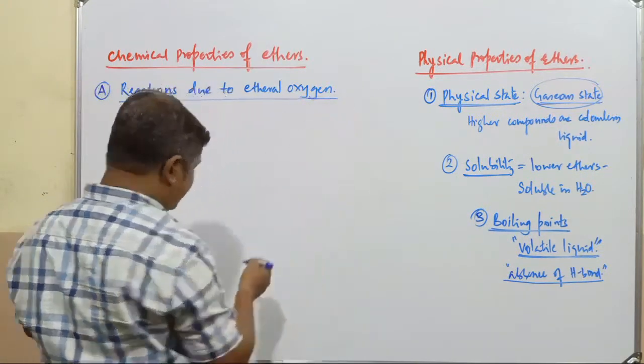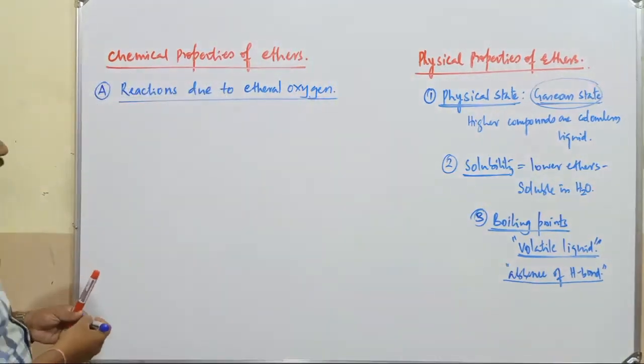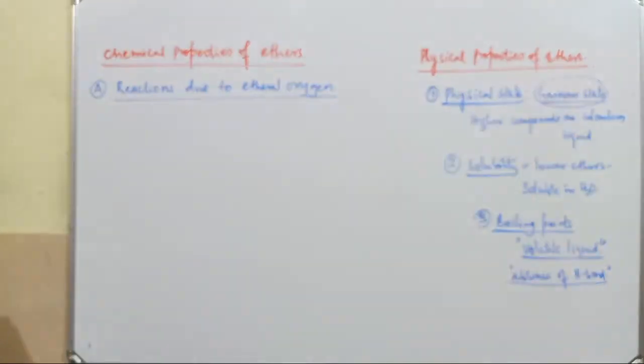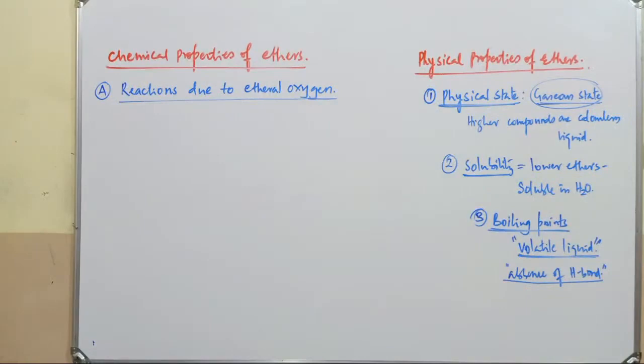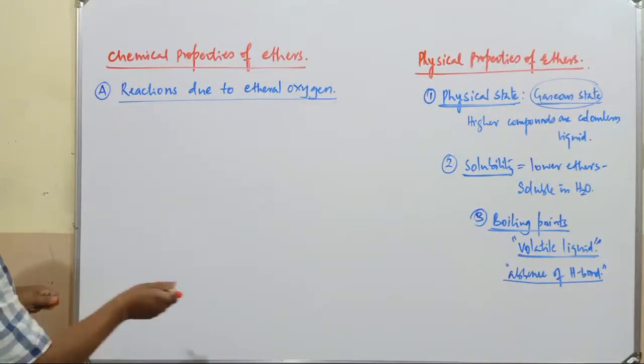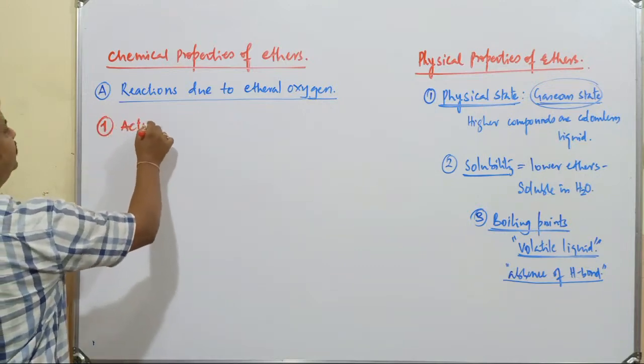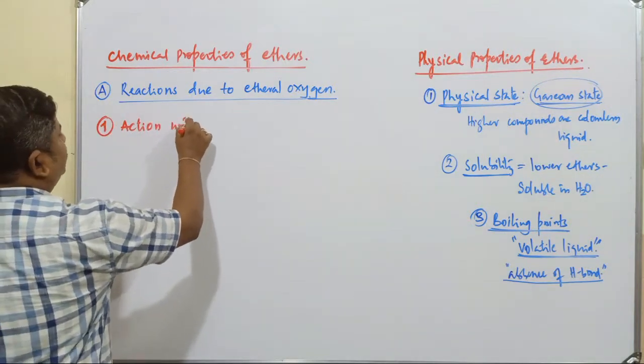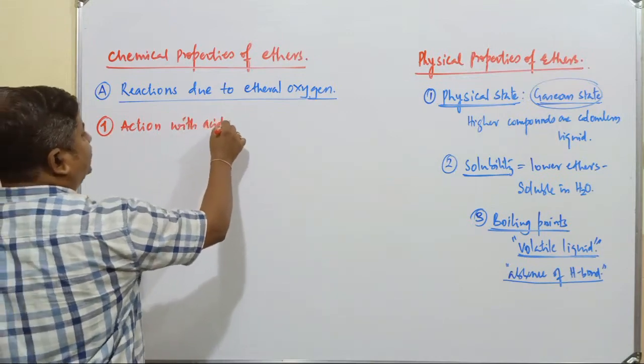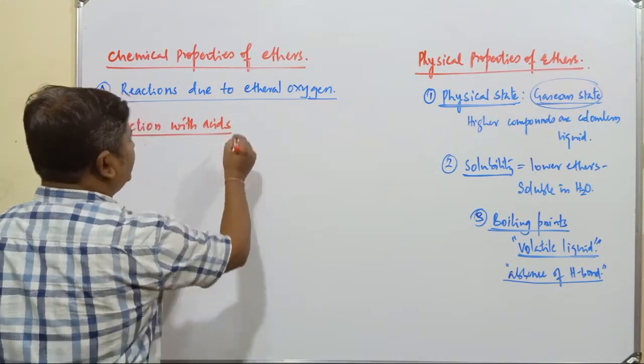Ethereal oxygen means whatever oxygen atom is present in that ether; these reactions are because of that particular ethereal oxygen. In this, the first reaction is action with acids, mineral acids.